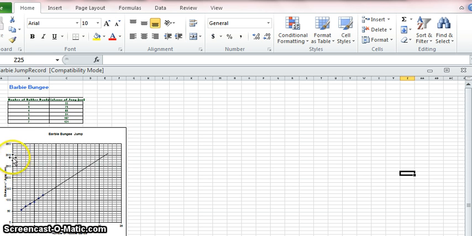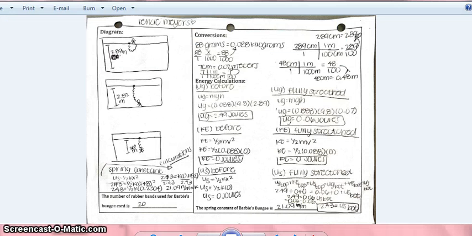So we look down here at 289, and then we scroll down once it gets to that point, and we get to 20, and that's how we found out 20 rubber bands.